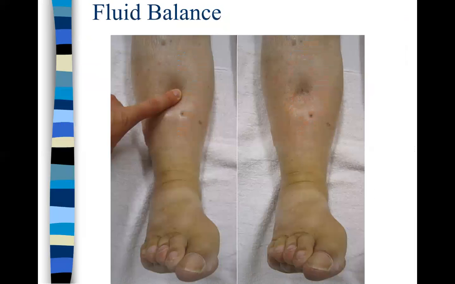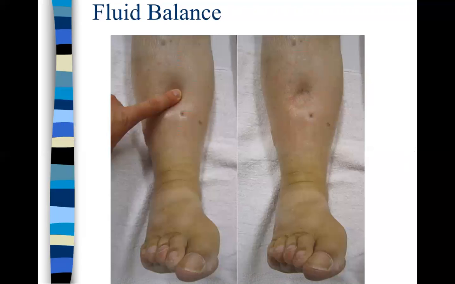Proteins affect fluid balance. So within our cells, we have proteins, and proteins attract water. So when we have adequate amounts of proteins inside our cells, there is adequate amounts of water inside our cells. When we have protein that leaks out of our cells, or we don't have enough protein, we're unable to bind water, and water can fill these intracellular spaces.